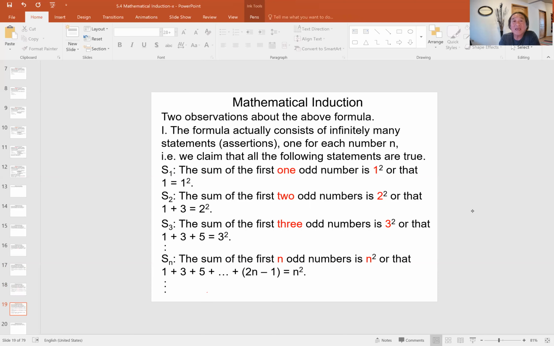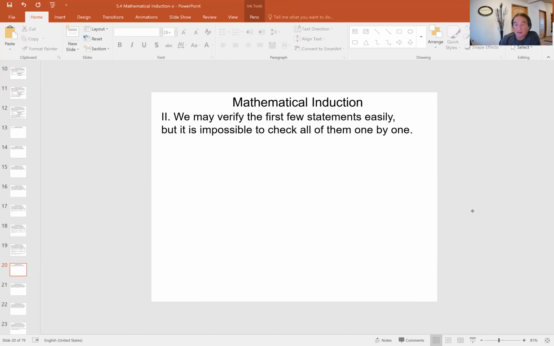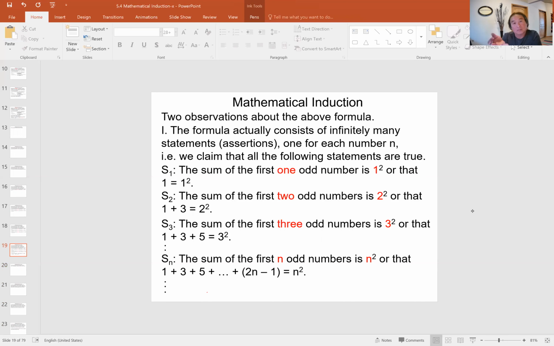And statement n is 1 plus 3 plus 5, and so on, up to 2n minus 1, I shall get n squared. I want to justify all these statements for every n, starting from 1 and going on forever.